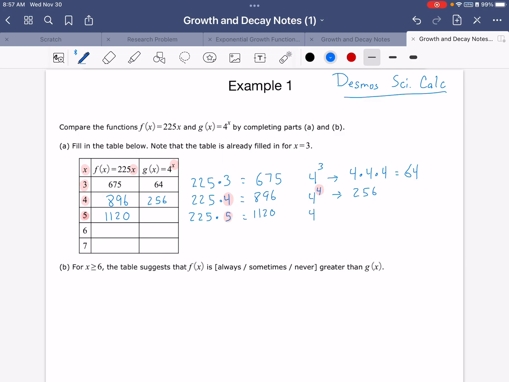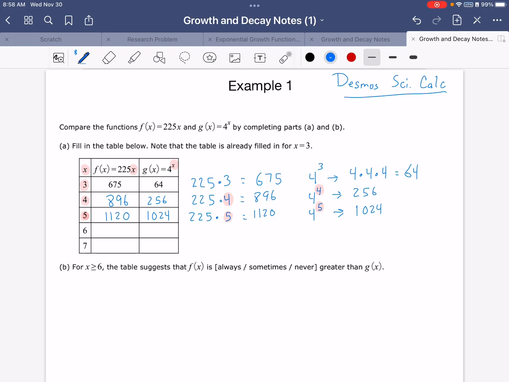Then we do 4 to the 5th power. Again, that's our x value we're using. Over to our calculator, 4 to the 5th equals 1024. So a much larger jump. If we evaluate this, we're seeing a pretty steady jump on the f of x. The g of x is making big jumps each time.